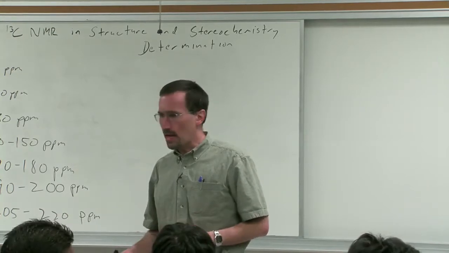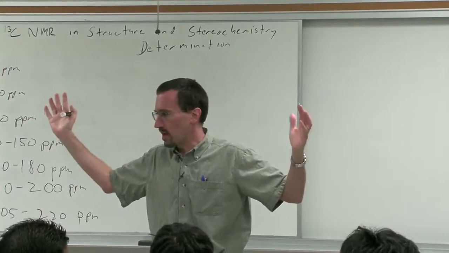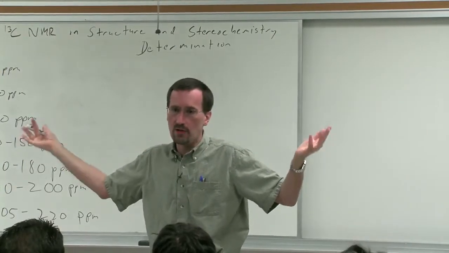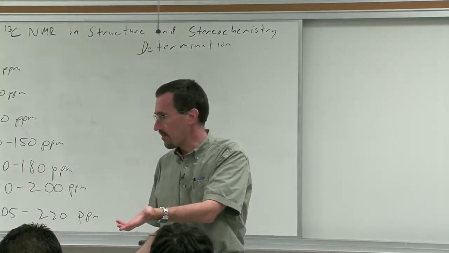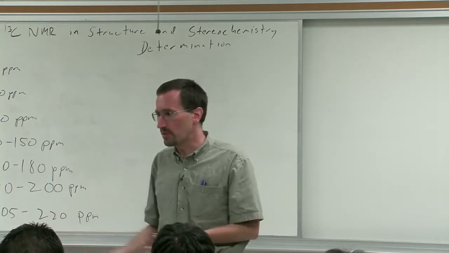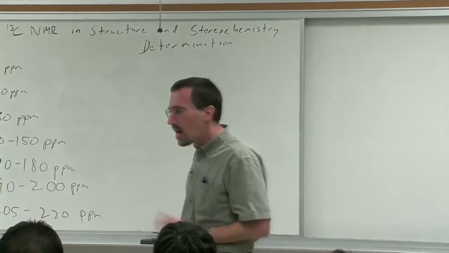We also said the range is a lot bigger, about 20 times bigger in ppm for C13 NMR. An aldehyde CH is at roughly 10 ppm, whereas in carbon NMR an aldehyde carbonyl is at roughly 200 ppm.